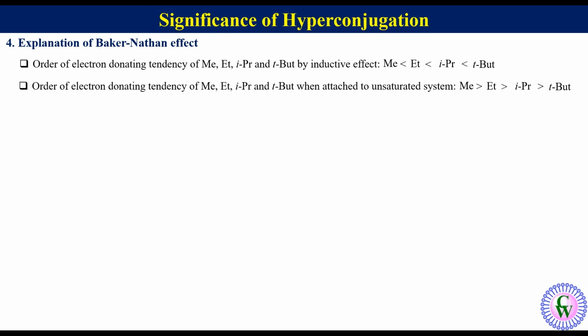Baker and Nathan effect. Baker and Nathan studied the kinetics of reactions of pyridine with para-substituted benzyl bromides in acetone at 40 degrees centigrade to produce pyridinium salt.